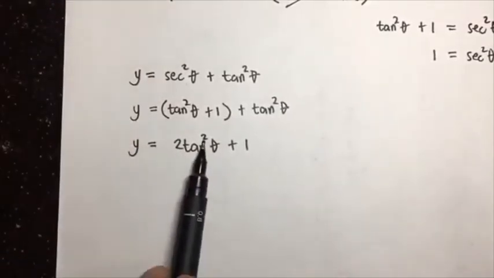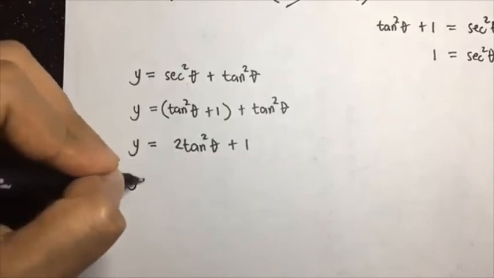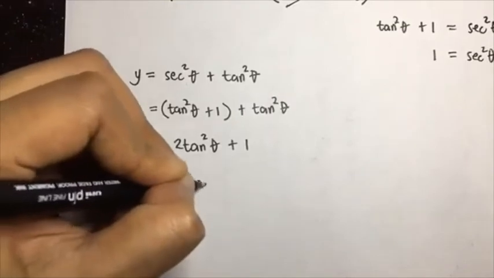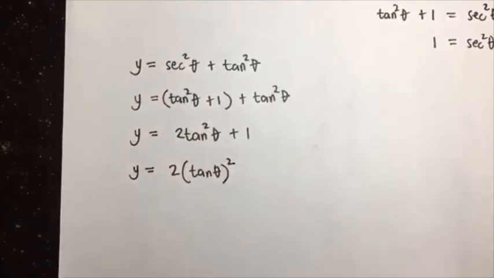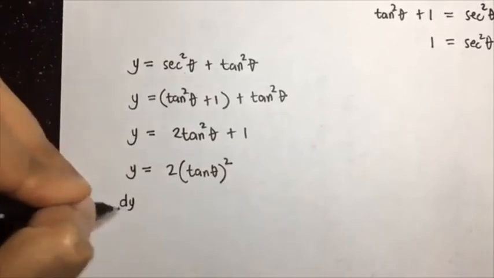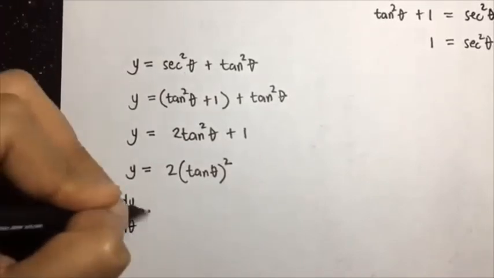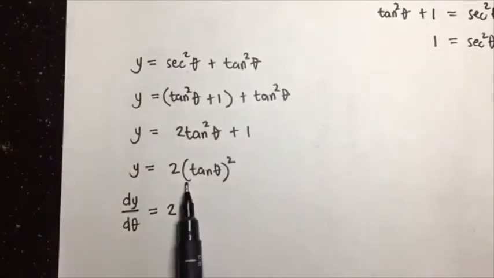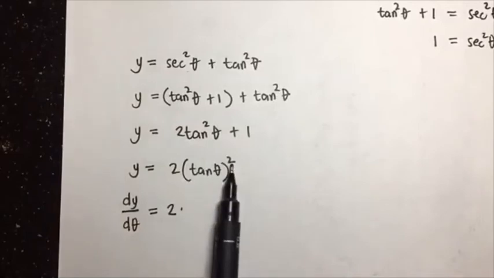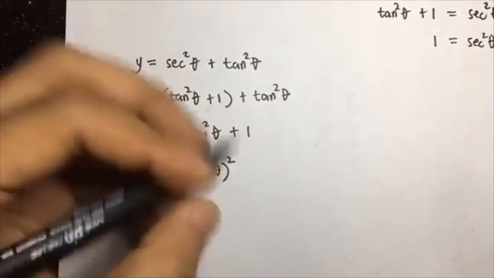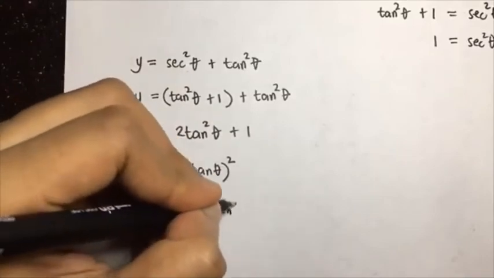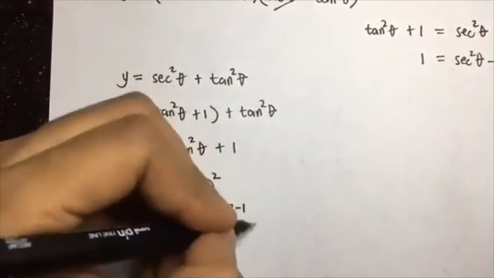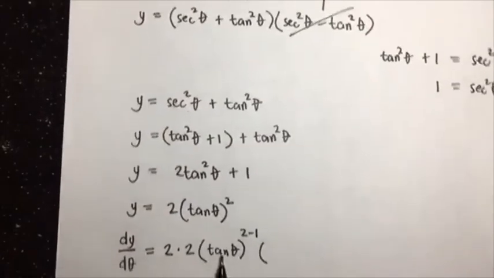So we can now derive this. But before that, let us transform tangent squared theta into tangent theta squared. So dy over d theta will now become, we have a numerical coefficient of 2, so write that, multiplied by, this one is obviously a general power formula, so coefficient of 2 times tangent of theta raised to 2 minus 1, multiplied by the derivative of tangent theta.